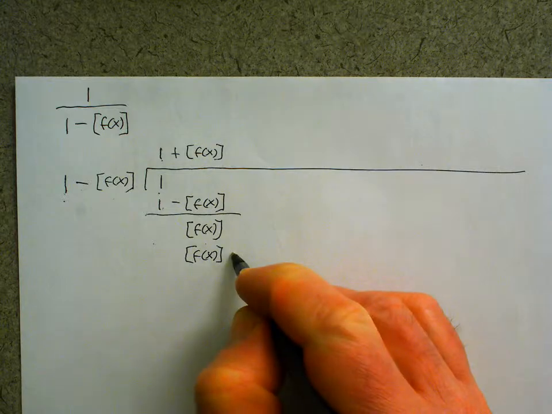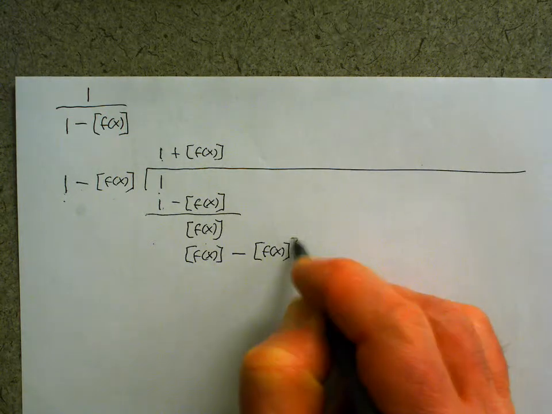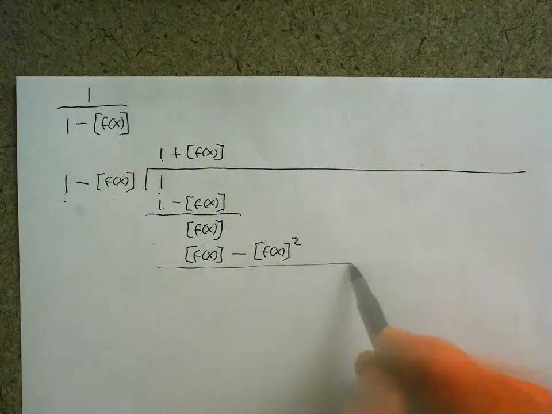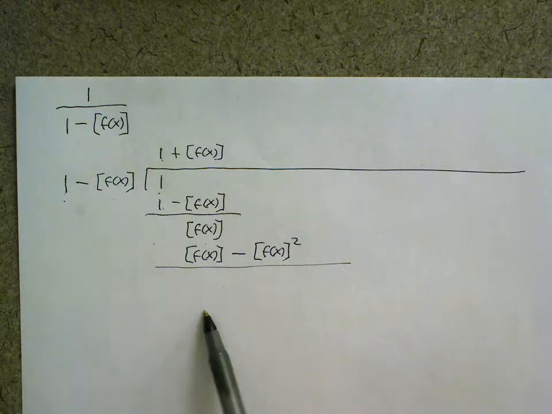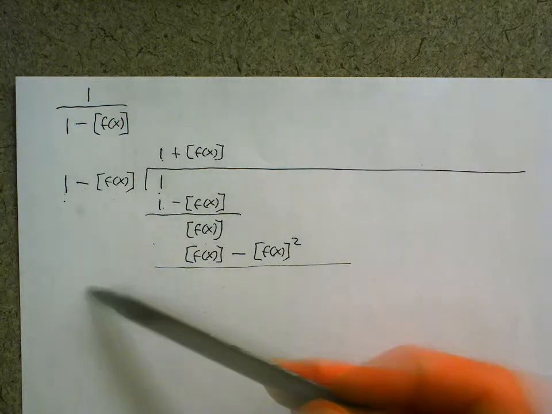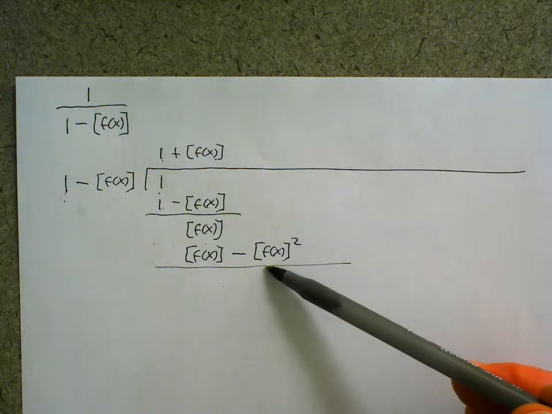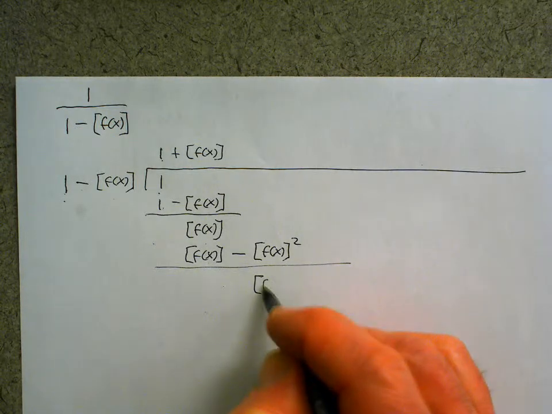So in other words, we're going to subtract the function f of x squared. And then f of x minus f of x is 0. Up here we have 0. 0 minus negative f of x squared is f of x squared.